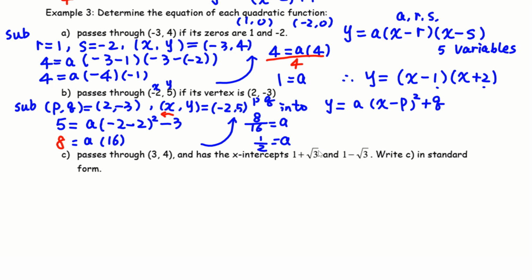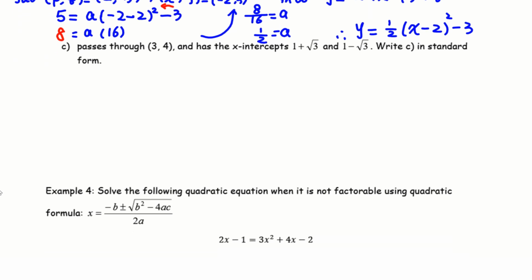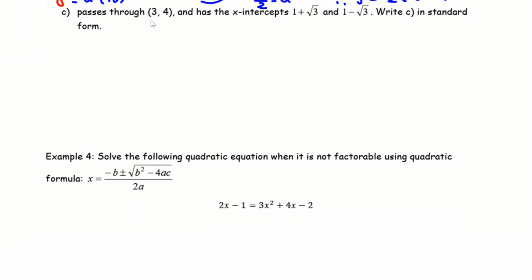Both could be divided by 8. Then sub in A, P, Q into this vertex form, and you will have 1 over 2 (x minus 2) squared plus (-3). That is that.